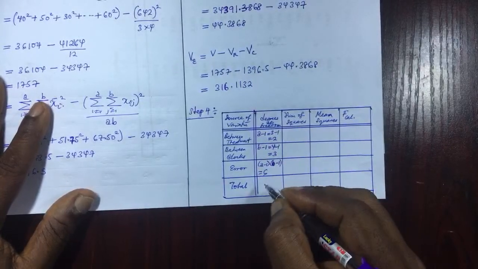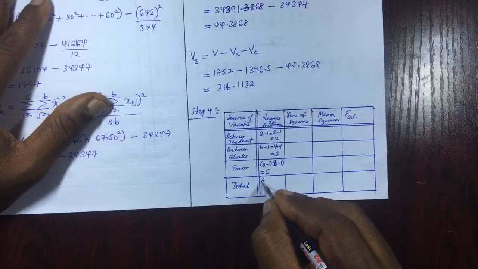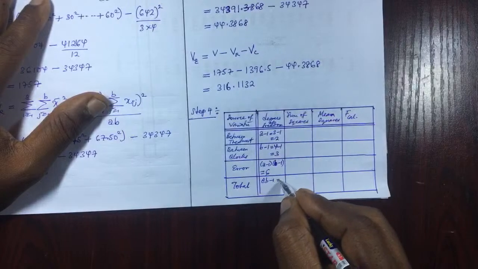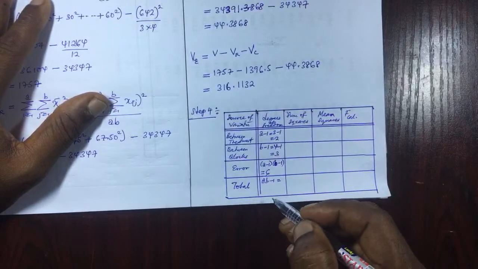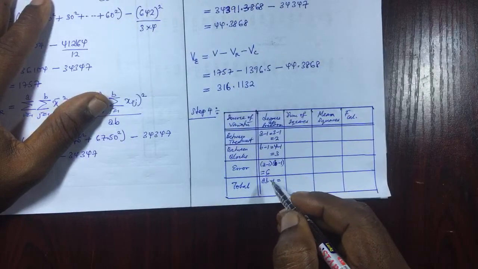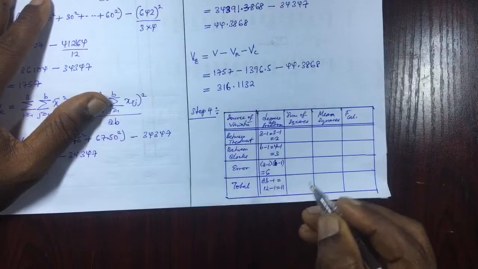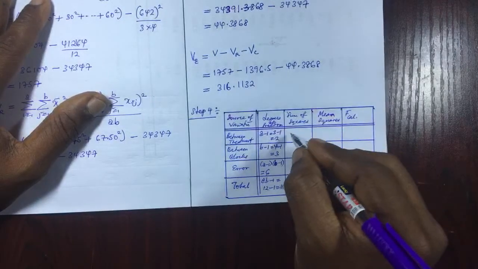Now the total degrees of freedom will be AB minus 1, or just simply add these 3. So AB minus 1 is 3 times 4, which is 12, minus 1, giving you 11. Now the sum of squares, let's write our sum of squares.